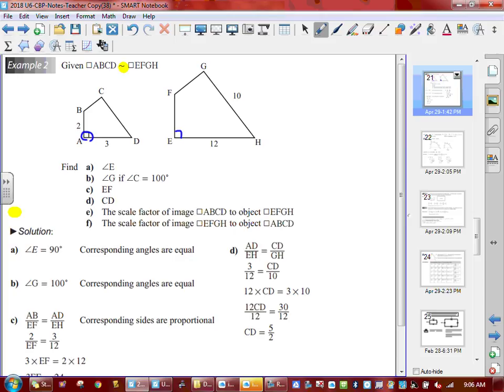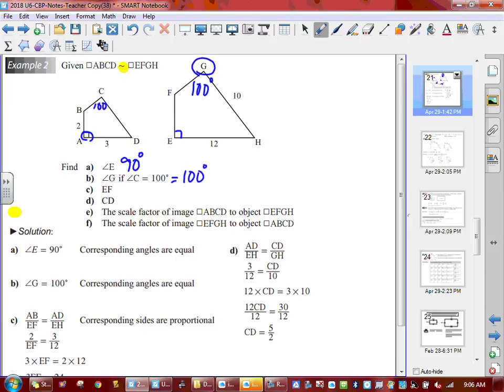Okay? So it says we want to find angle E. Well, angle E has to match this one. So we found it. It's 90 degrees. Okay? Now it wants us to find angle G. Well, they're telling us C is 100. So if C is 100 right there, how big is G? It's 100. It has to be. So it's also 100 degrees.